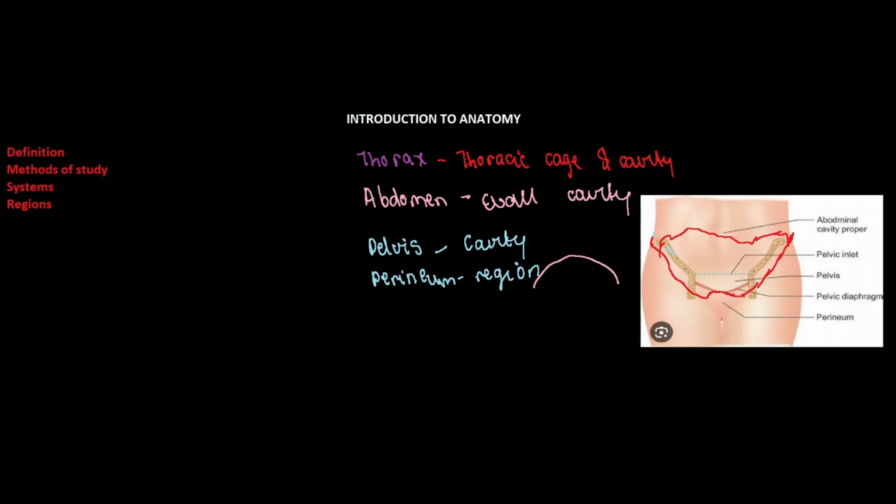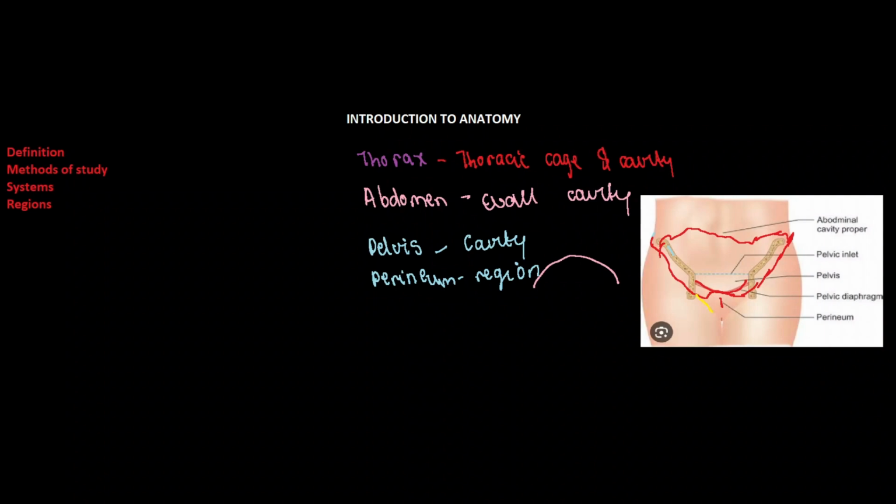Here we have the hip bone. This diagram is just outlining the region of the hip bone. Within this area of the hip bone, what we have is the pelvis. And just below the pelvis, we have the perineum.